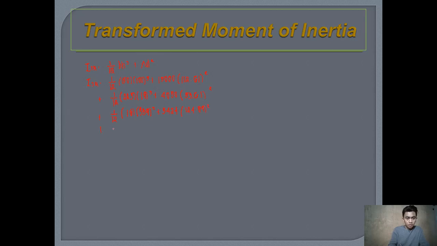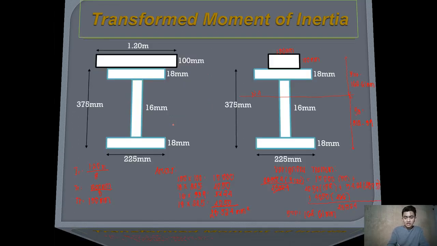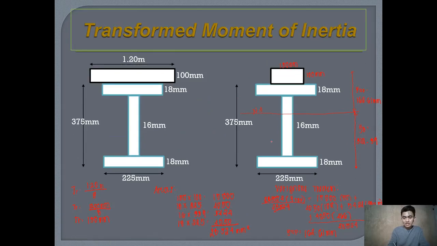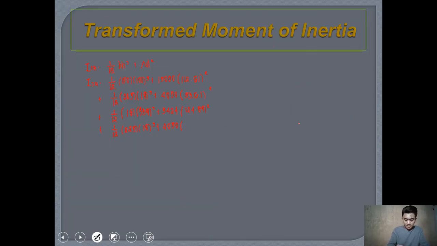And then the last section, that is 1 all over 12, multiply this by 225 as its base and a height of 18 cube, plus its area, which is equal to 4,050, and then its distance from its centroid to the neutral axis, that is 312.39 minus 18 all over 2, which will give me 303.39 squared.